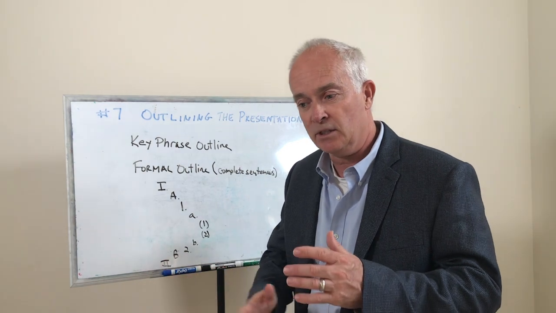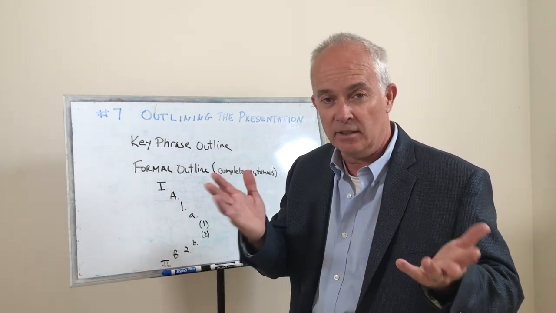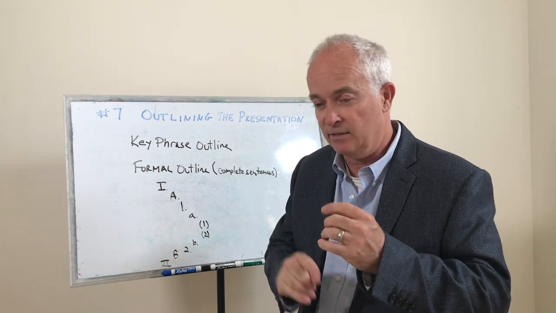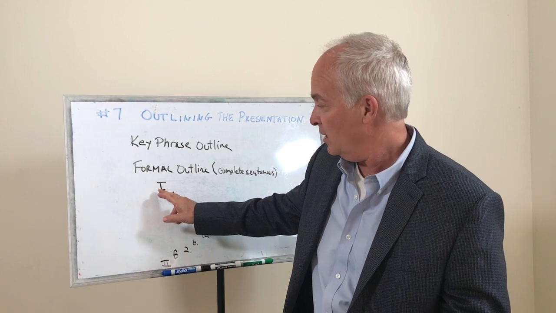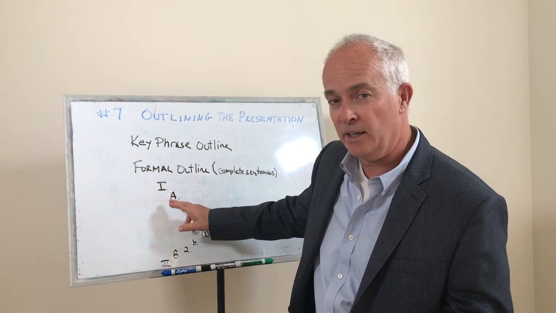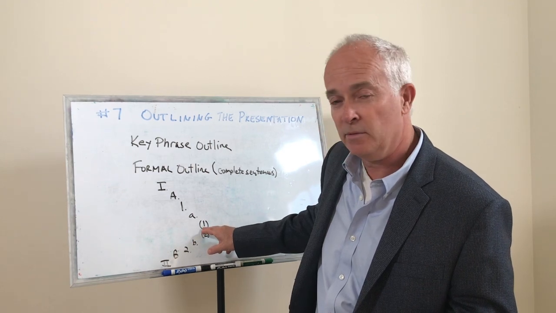Your Word documents give you some options on how, whether you use little i's and bullets and things like that. You want to choose the one with Roman numerals. So Roman numeral I, capital A, number 1, small a, 1 in parentheses.